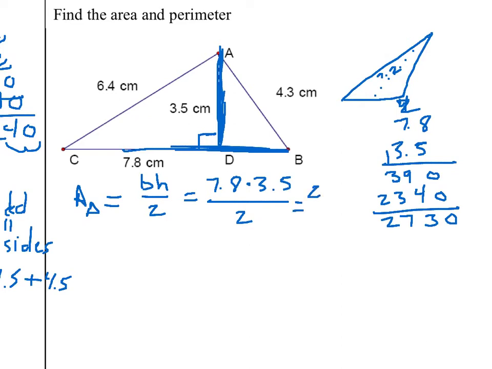So we get 27.3 over 2. Now we can do that division by putting the top dog in the house. Goes in one time. Goes in 3 times.